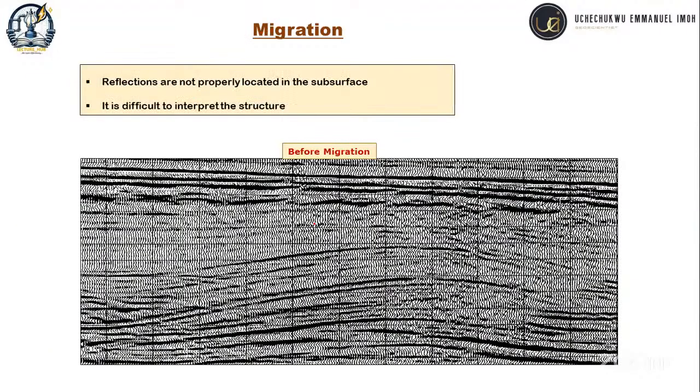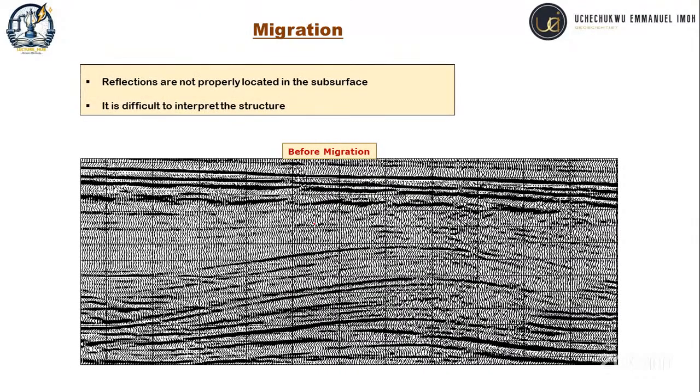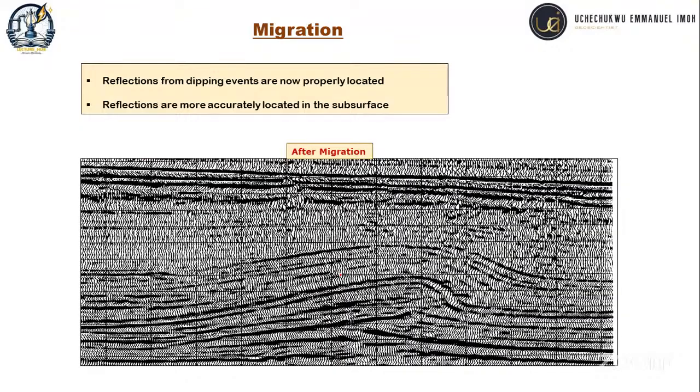So typically, this is a typical stack section: before migration, after migration. Before migration, what you'll be looking at will look more like an anticlinal structure, just like this, but in reality, it's not a true anticlinal structure. It's more like a thrust fault.